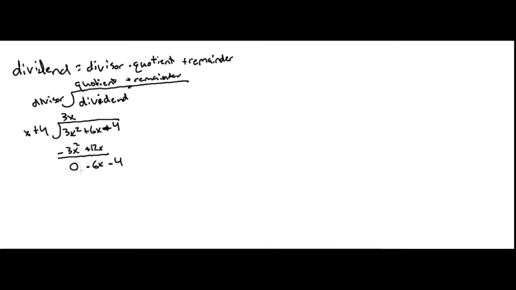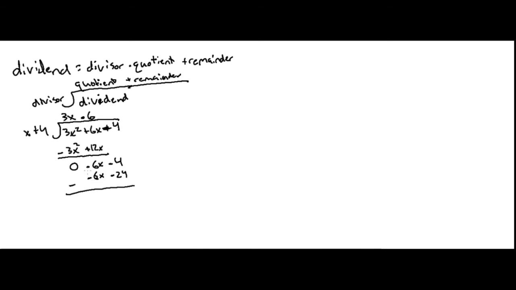So now we have what times x will get us negative 6x. That'll just be negative 6. Now we go through the same process. Negative 6 times x is negative 6x. Now negative 6 times positive 4 is going to be negative 24. We're going to subtract that.